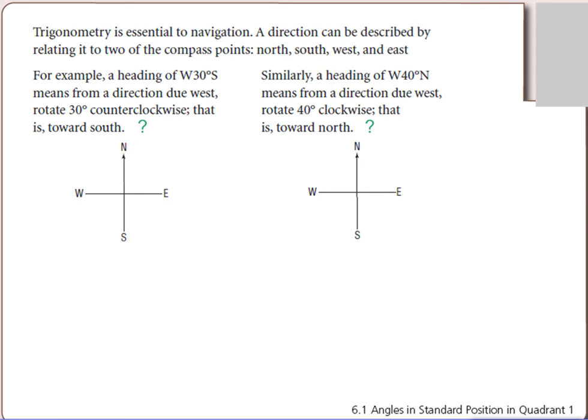Trigonometry is essential for navigation. A direction can be described by relating it to 2 of the compass points, north, south, east, and west. So for example, if we're talking about west 30 degrees south, what that means is go west, first of all, due west, and then go 30 degrees south.